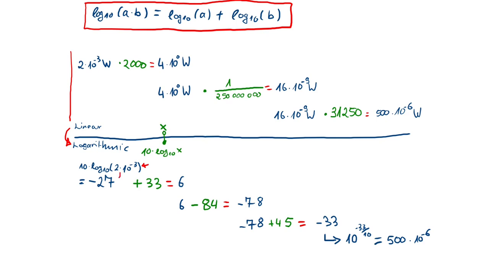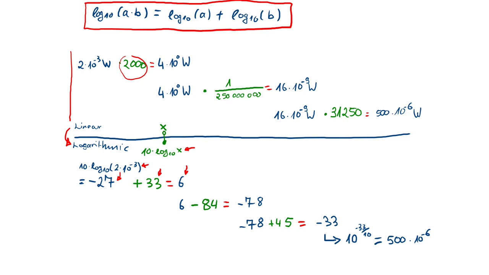and obtain a value of minus 27. And now we take the 2000 and apply the same transform, which is given here, and we obtain a plus 33. And now if we add it, we obtain a 6 here.